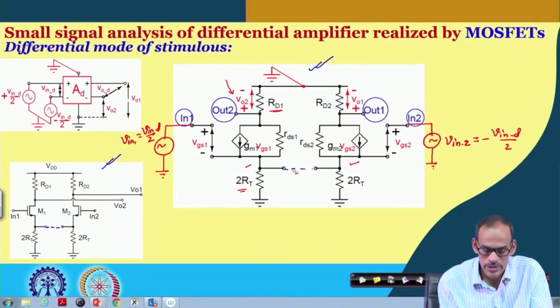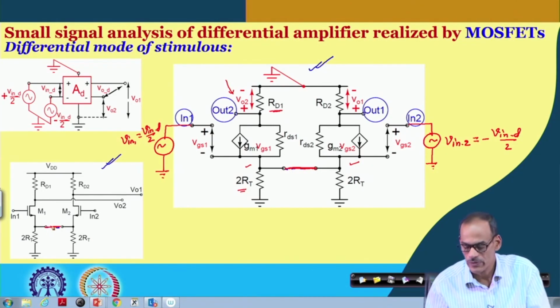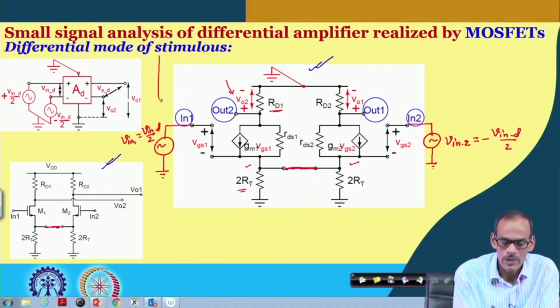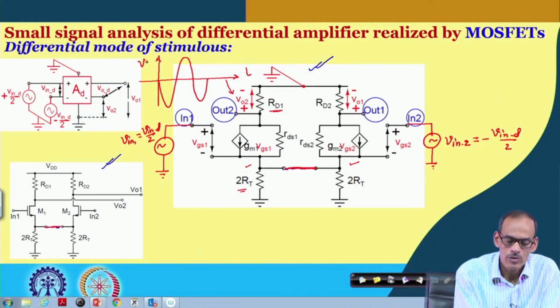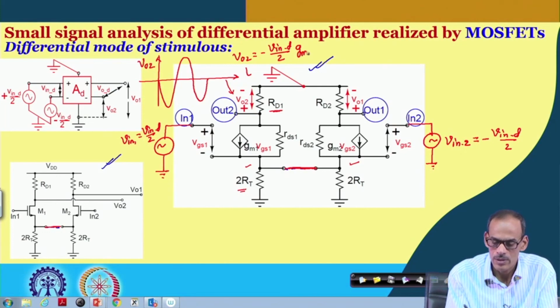But the moment we make this connection to get the actual differential amplifier, the corresponding output we obtain here is an amplified version with 180 degree phase shift, and the corresponding output VO2 equals minus V in D by 2 into GM1 into RD1.